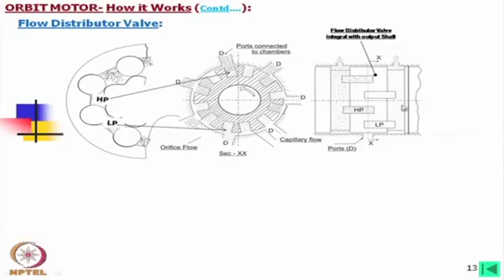Now, what we find is that through one groove the oil is coming in, and through another groove the oil is going out, and then on the body there is also a connection through which the oil can either come in or go out. In other words, these grooves are connected to this passage. These passages are this one.